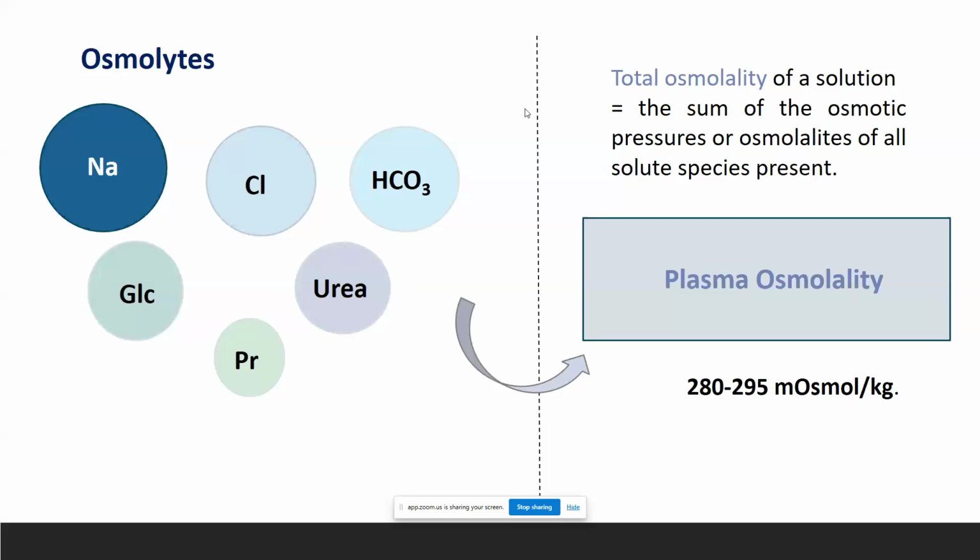And actually serum proteins contribute less than 0.5% of the total serum osmolality, because even the most abundant protein is present at millimolar concentrations. Plasma osmolality is tightly regulated between approximately 280 to 295, and the total osmolality of a solution will be the sum of the osmotic pressures or osmolalities of all solute species present.